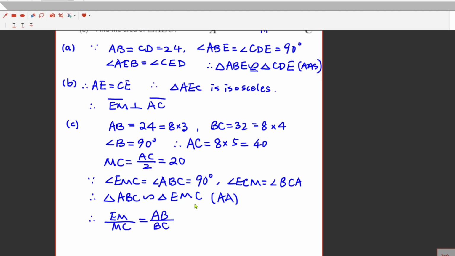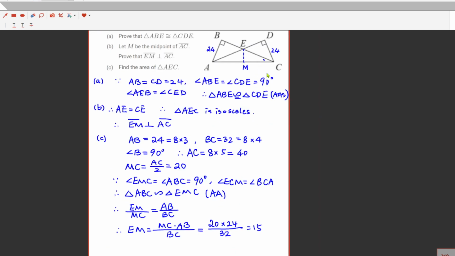You follow me? Therefore we can find EM equals MC times AB over BC, and we know these three sides, so just put the numbers in. 20 times 24 over 32, which is 15. So EM is the altitude of the base AC.